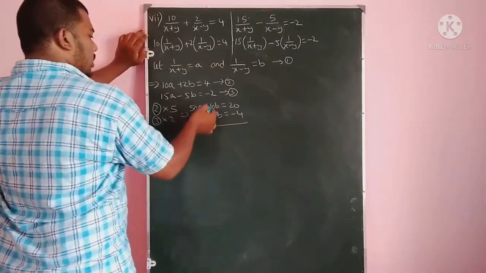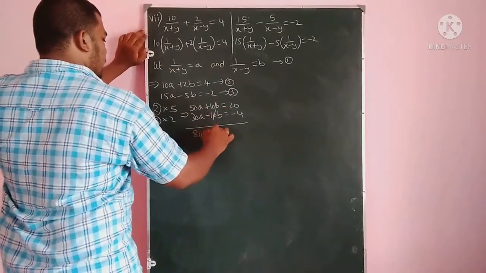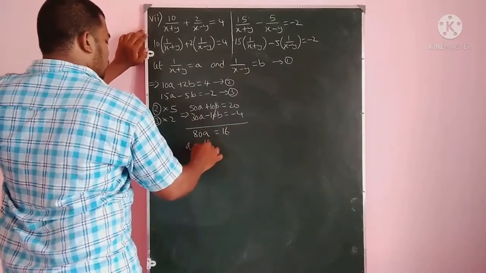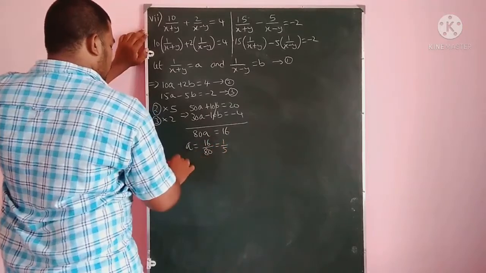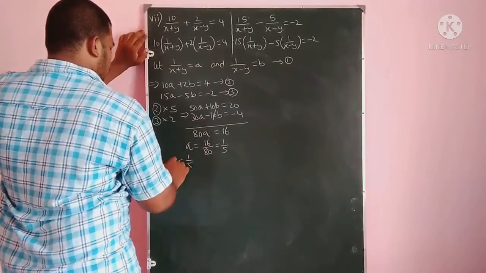Since the symbols are opposite here, it will eliminate. So 80a is equal to 16. A is equal to 16 by 80, that is equal to 1 by 5. So a we can write as 1 by 5.